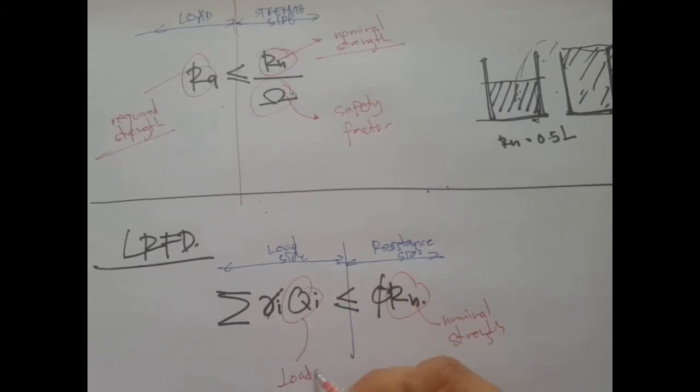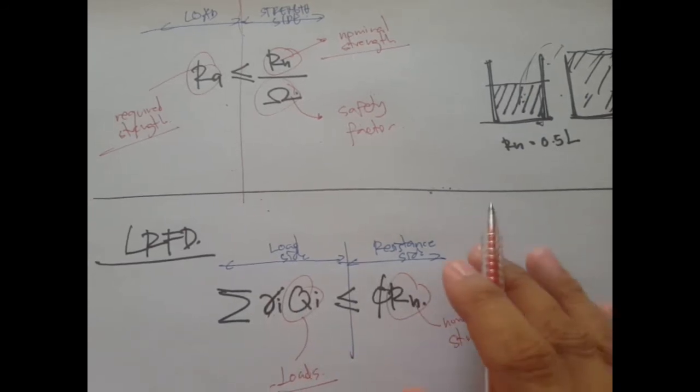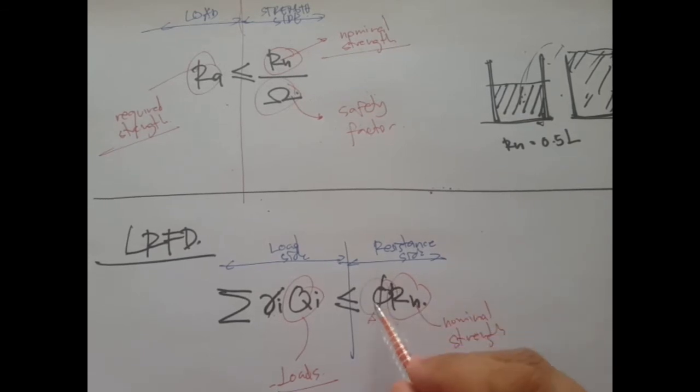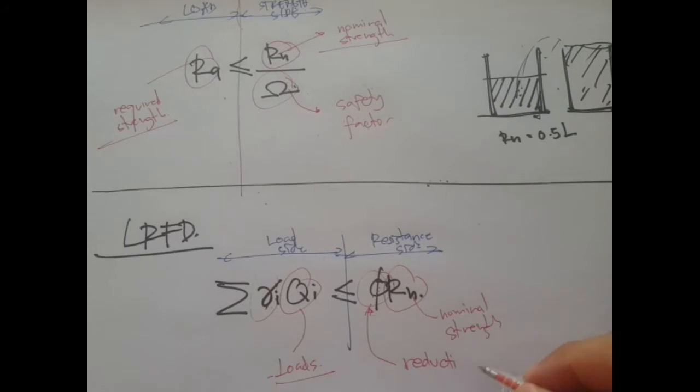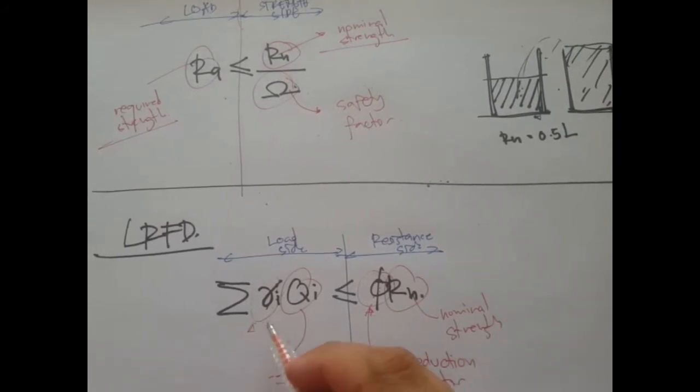Let's say for example dead load, then live load, earthquake loads, etc. These two symbols, this one and another one here, are something like safety factors, but technically, this one is called the reduction factor, and this one is what we call the load factor.